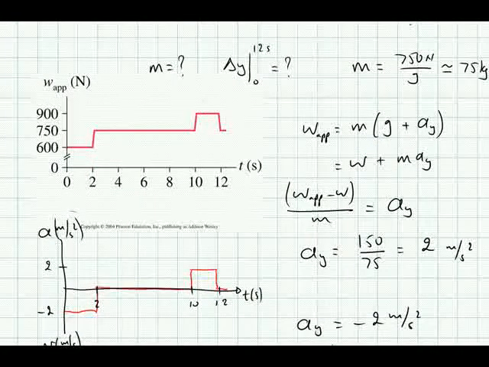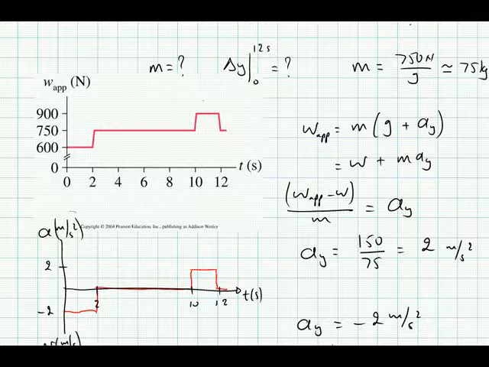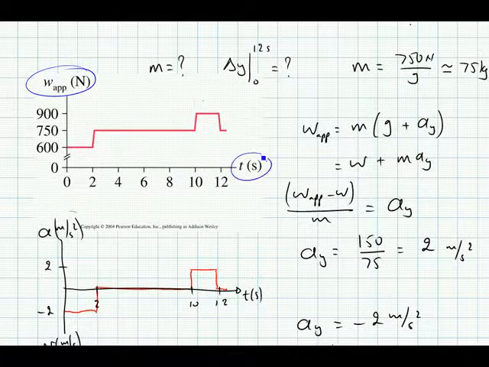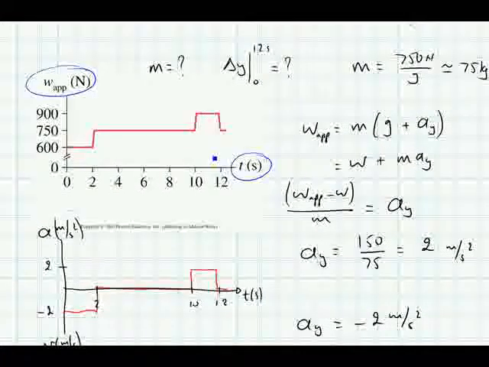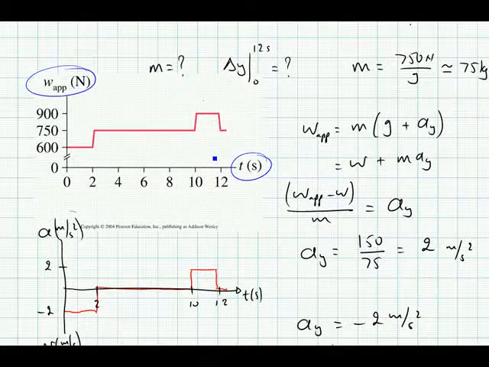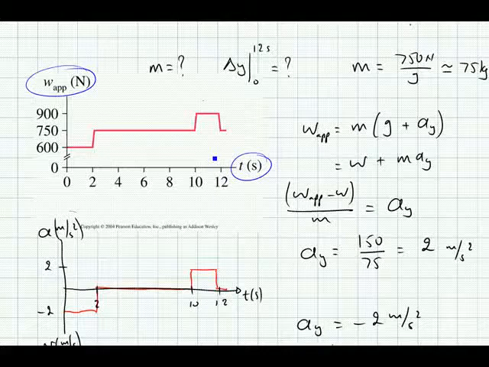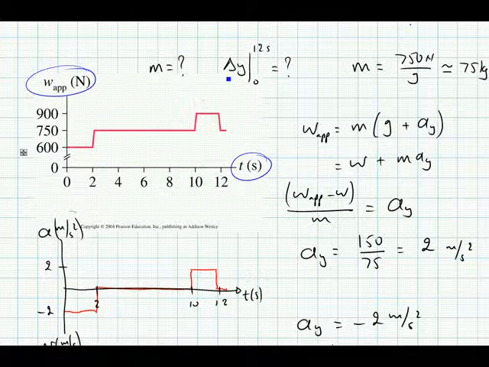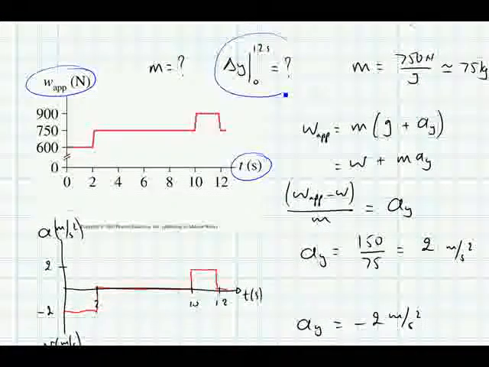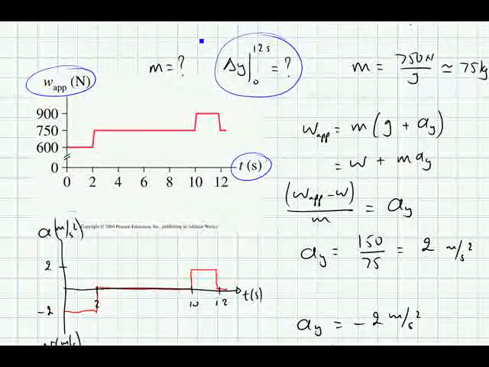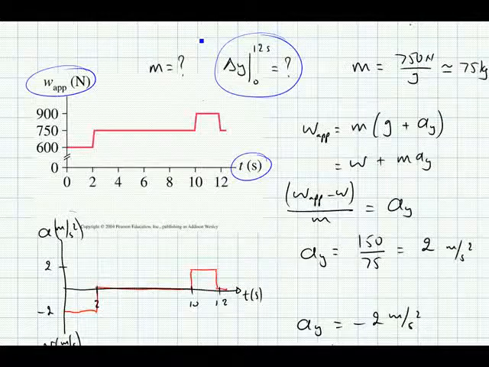Now, in the elevator problem in your homework, we are given the apparent weight versus time for a person, and we need to figure out the displacement along the y-axis over the 12 seconds. But we don't know the mass of the person.